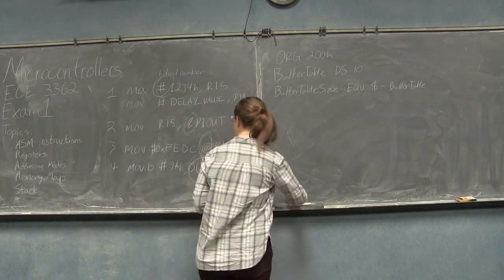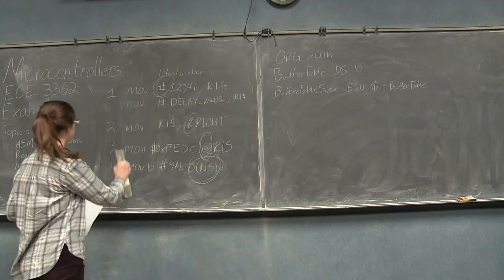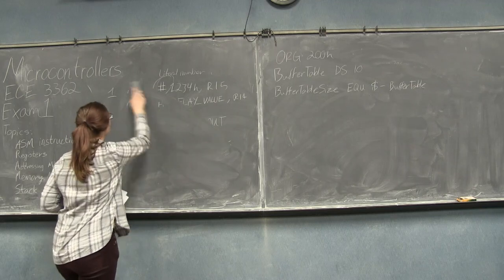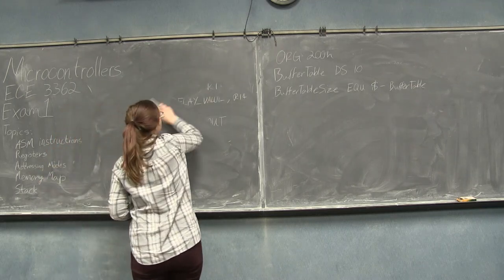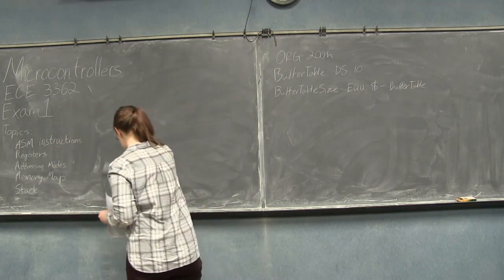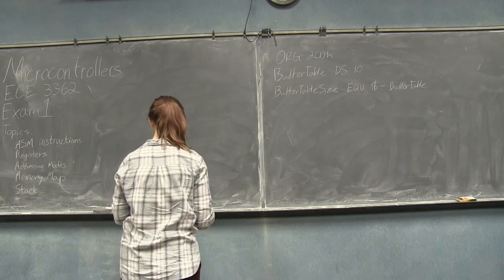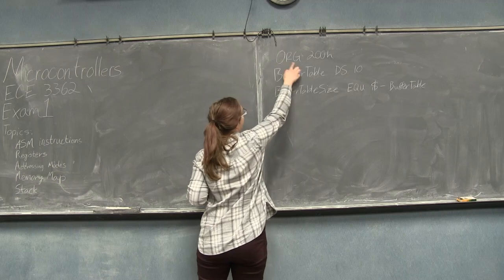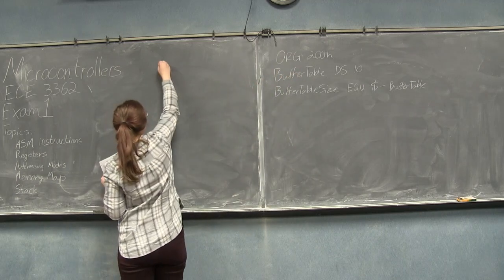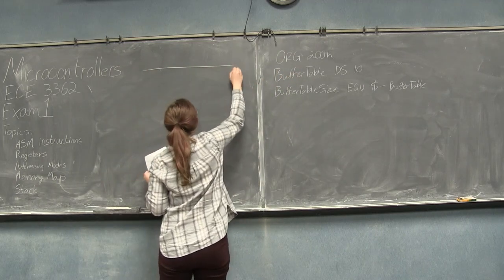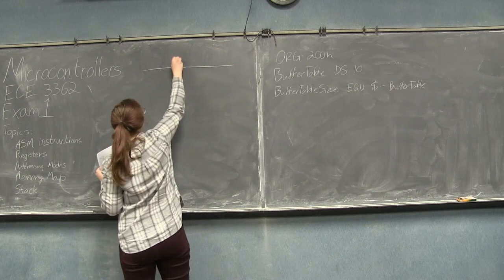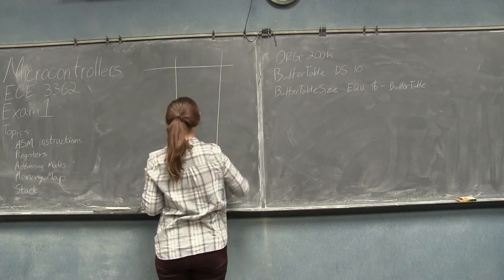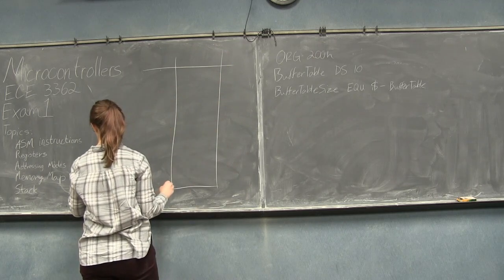All right, and that leads into the memory map. Because in order to really understand what this line right here, ORG 200, does, you need to understand how everything is addressed in the microcontroller.